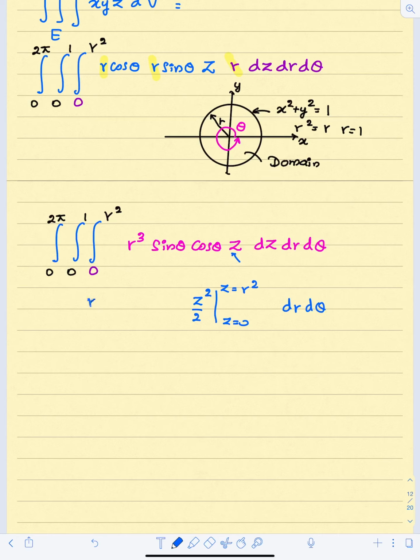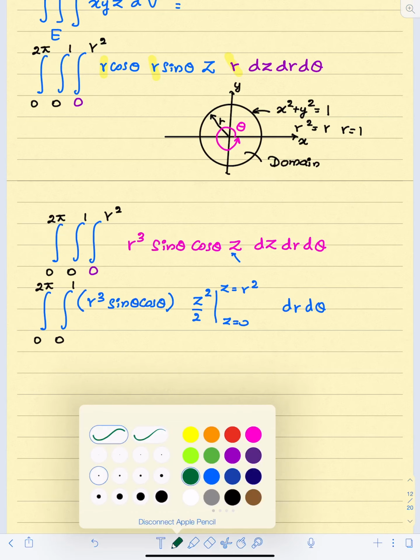Okay, then r cubed and sine theta cosine theta terms act as a constant. Apply the upper limit and then the lower limit.